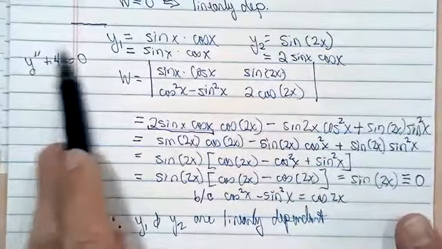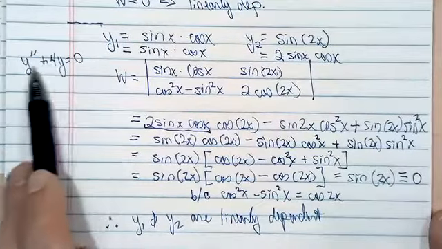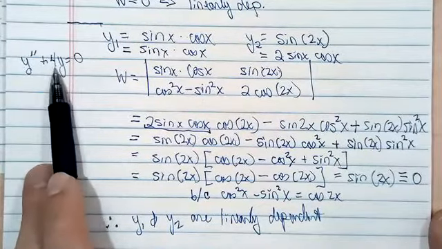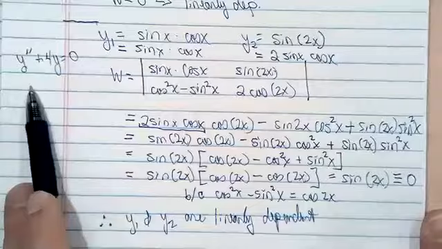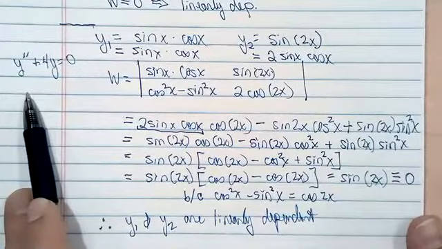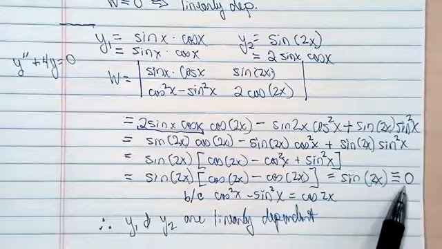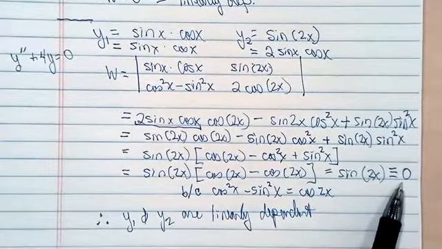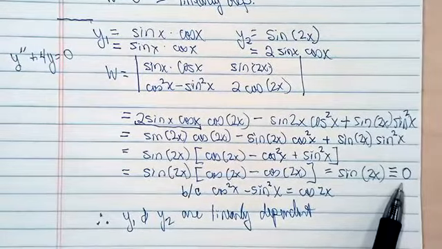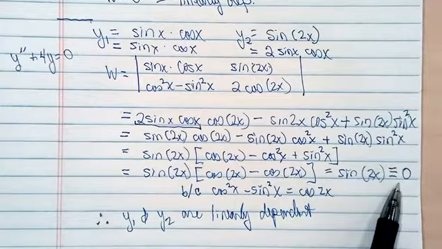So I got an equation easily. The coefficients are constant, so they're continuous on the whole real line, and therefore either this Wronskian is identically 0, it's 0 for every x on the whole real line, and indeed that was the case, or it's not 0 for any x on the whole real line.